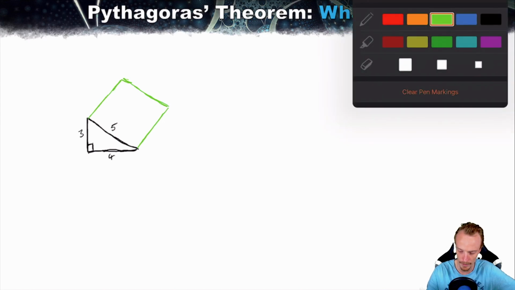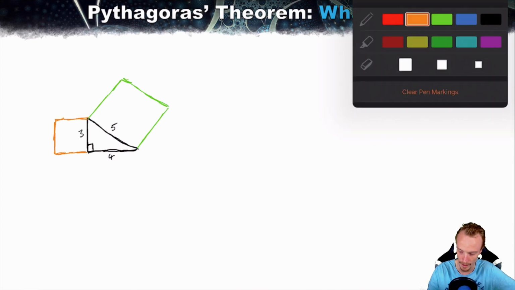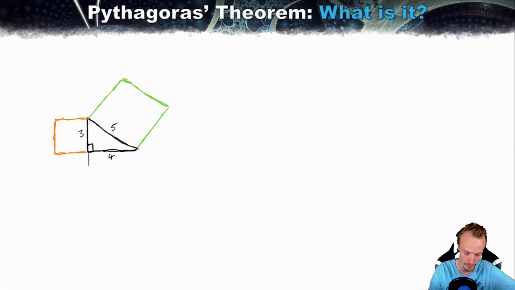Then we'll do the same with the other 2 sides. These are probably going to be pretty dodgy looking squares, but it'll demonstrate my point. We'll use blue for the 4, so you grab each side and form a square out of it.